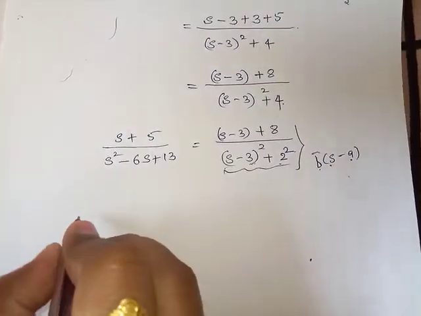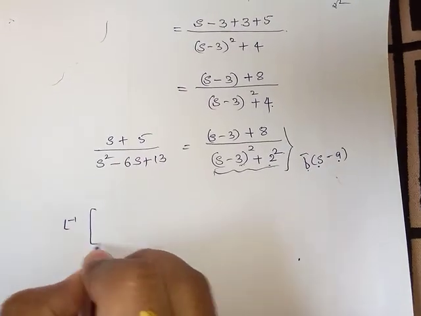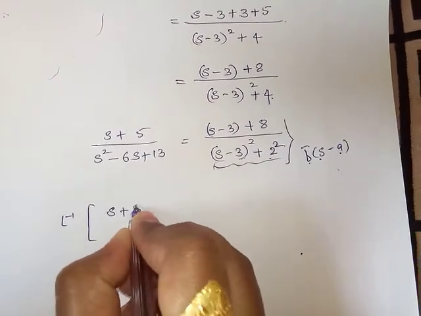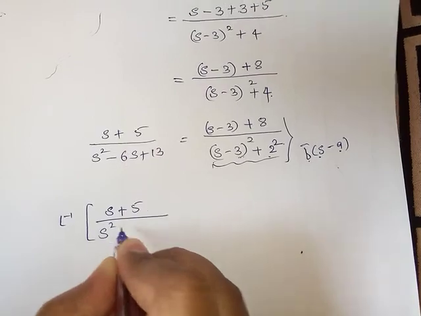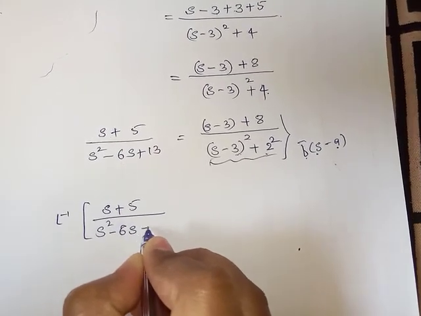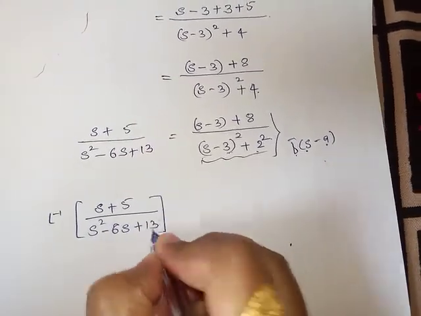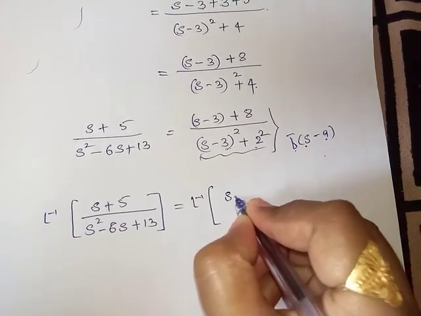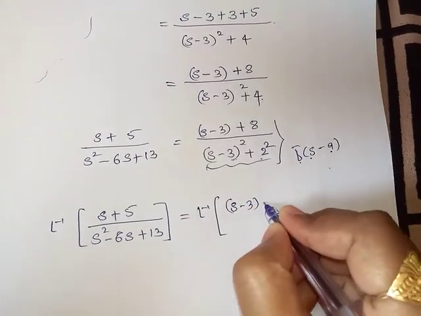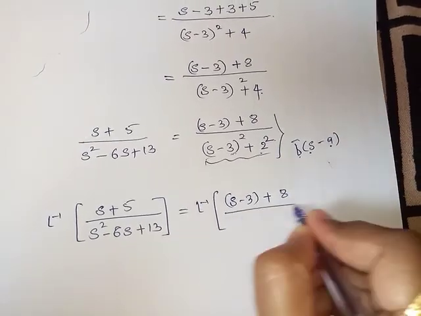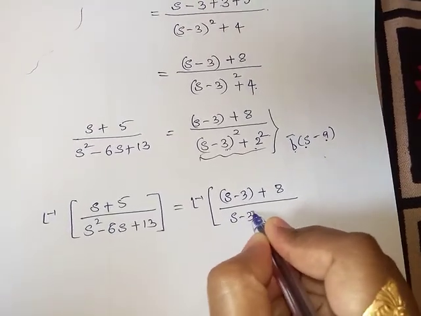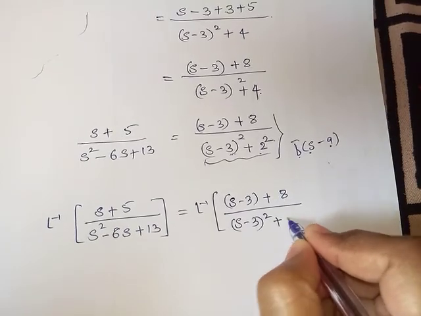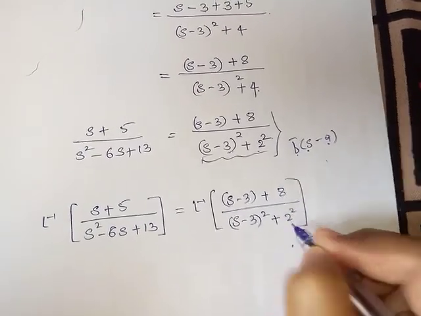Now I will apply inverse to this. L inverse of s plus 5 divided by s square minus 6s plus 13 is equal to L inverse of s minus 3 plus 8 divided by s minus 3 whole square plus 2 square.